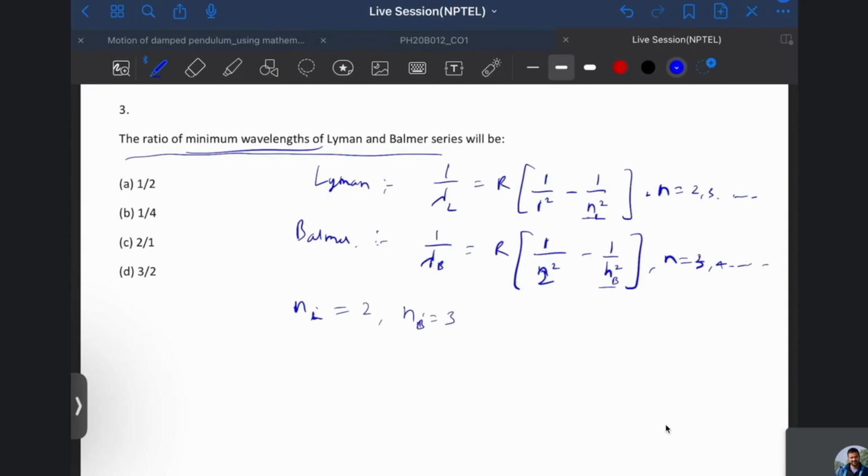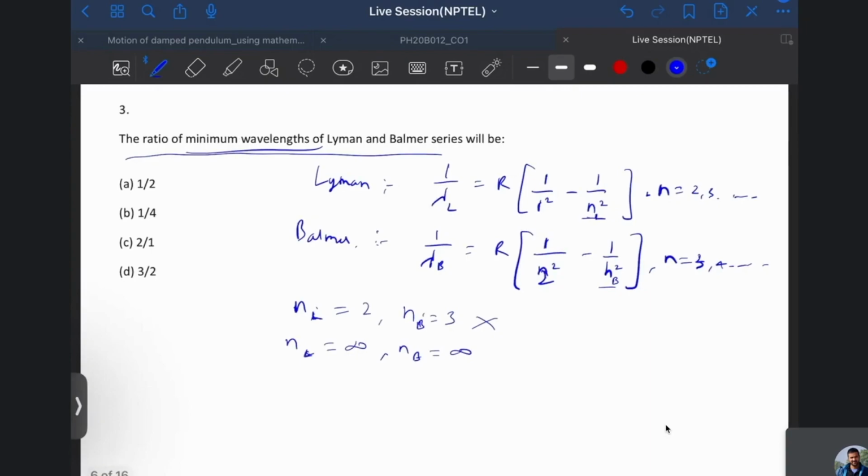So it's wrong, okay? For minimum wavelength, that is for maximum wavelength, both should be infinity. I mean, it's visible from this formula here.